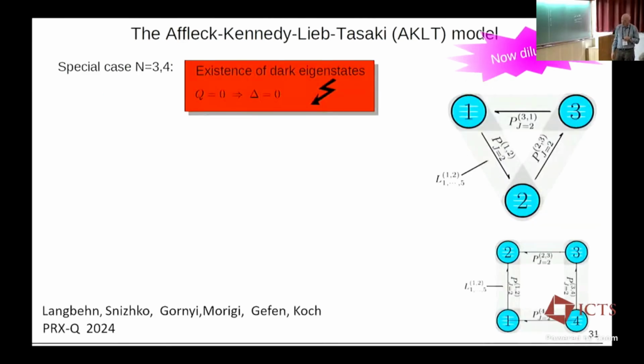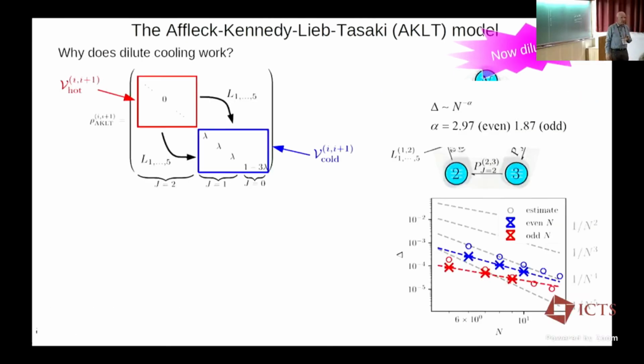So all this seems to work, and of course, if we have a huge system, I can put not one, but several cooling centers to make my job easier. But I don't need to have the number of cooling centers extensive with the size of the system. That's the message.